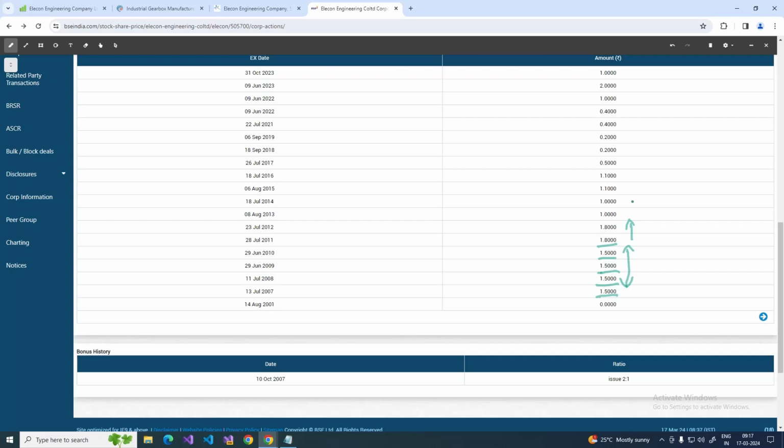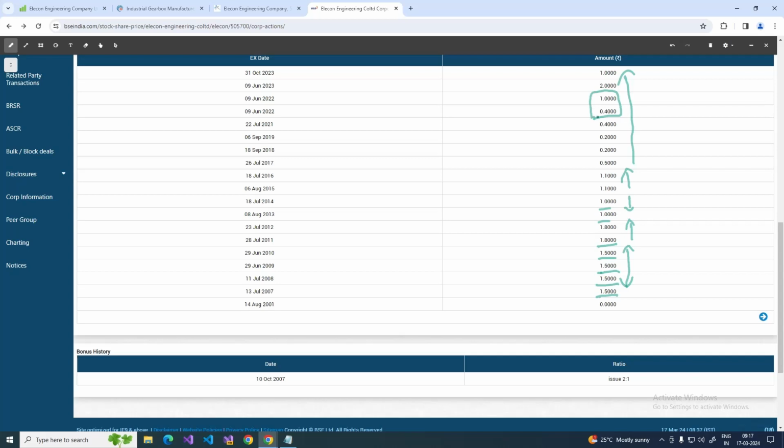Later in 2013 it decreased to 1 rupee, 1 rupee. So here it decreased. Then later increased to 1.1, 1.1. Later decreased to 0.5, then 0.2, 0.2. Then from here it's increasing. And also if you observe here, in 2022 they gave 2 times, that is totally 1.4 rupees.